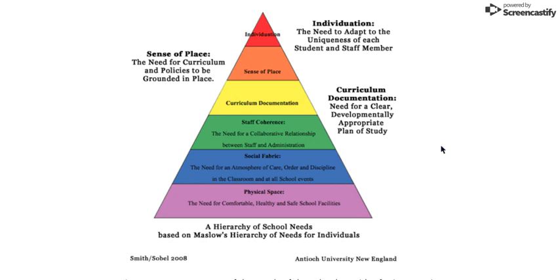The next stage has to do with a collaborative relationship, our capacity to go beyond the sort of cocktail party level conversation and to talk about teaching and learning together.